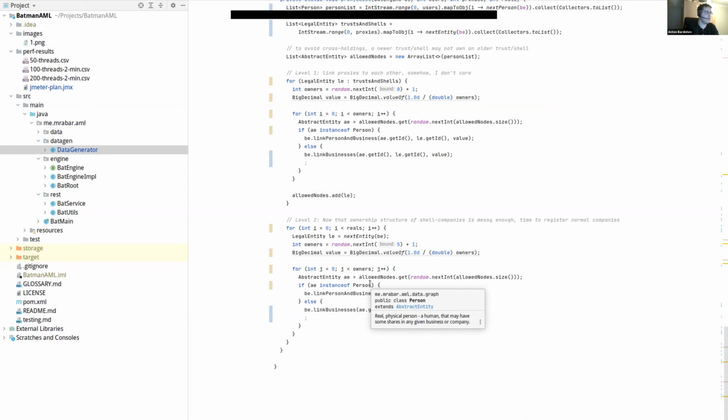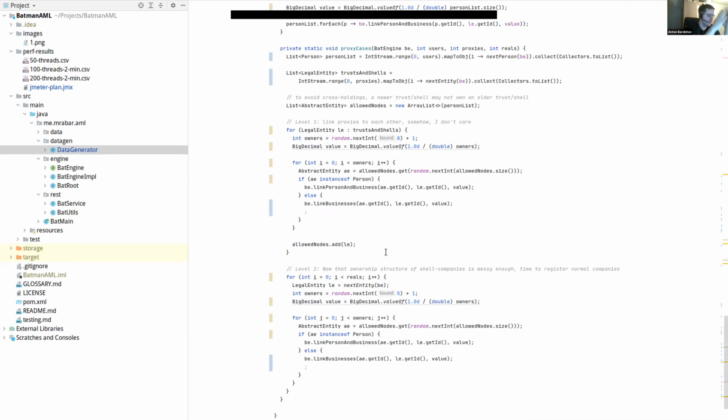But for some reason, maybe I made mistakes, and storing goes very slowly, because I store person one by one, company one by one, then every single link is also one by one. And it's slow, and in half an hour I was able to generate only 30 megabytes of data, which is not what I hoped for. So maybe I will have to revisit why saving is so slow, but fetching the data is faster.